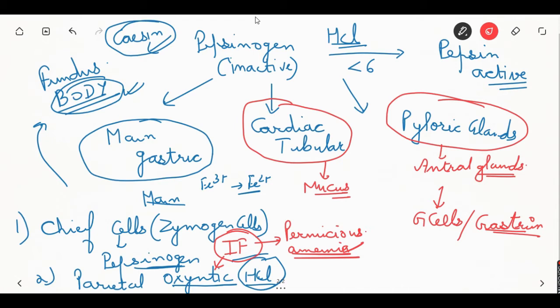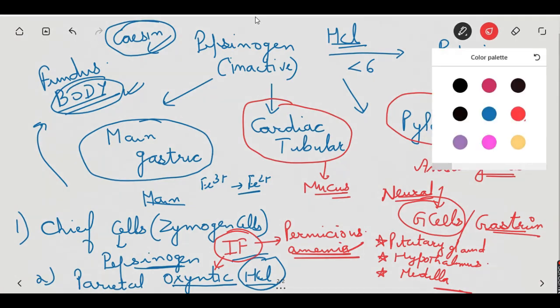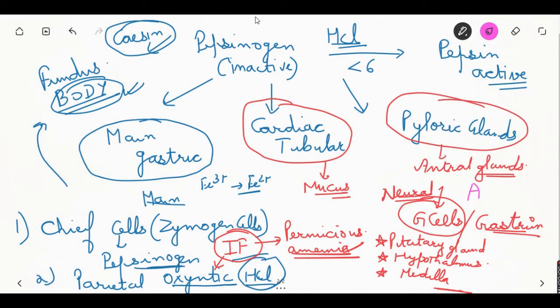Remember, gastrin is also found in the pituitary gland, hypothalamus, medulla oblongata, etc. These G cells appear to be neural in origin because they take up amine precursors and decarboxylate them. That is why they are known as APUD cells.